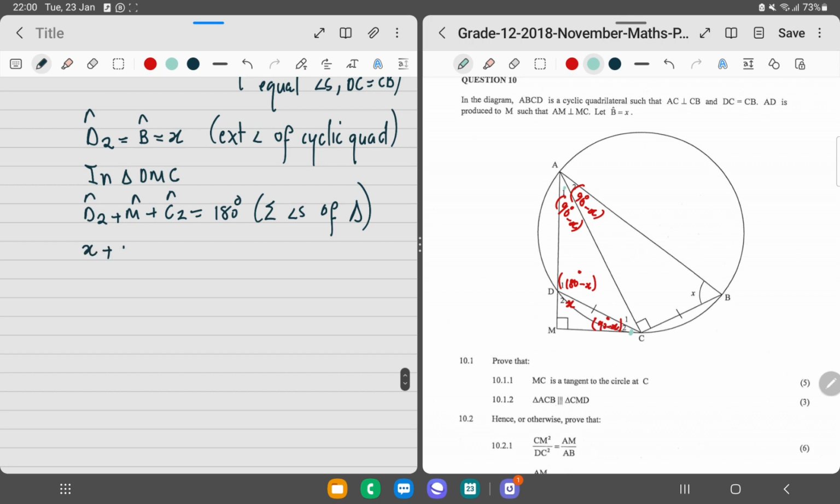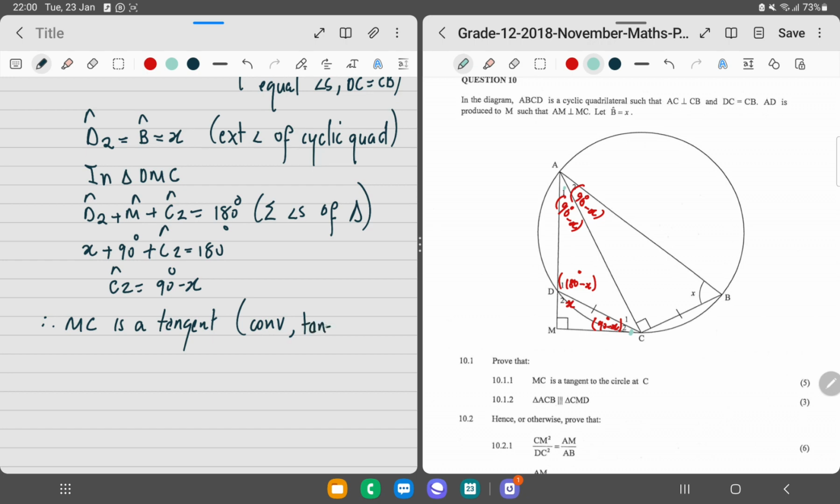This is X, that's 90, plus C2. So C2 is equal to 90 degrees minus X. Therefore, MC is a tangent. And this is because of the converse of the tan chord.